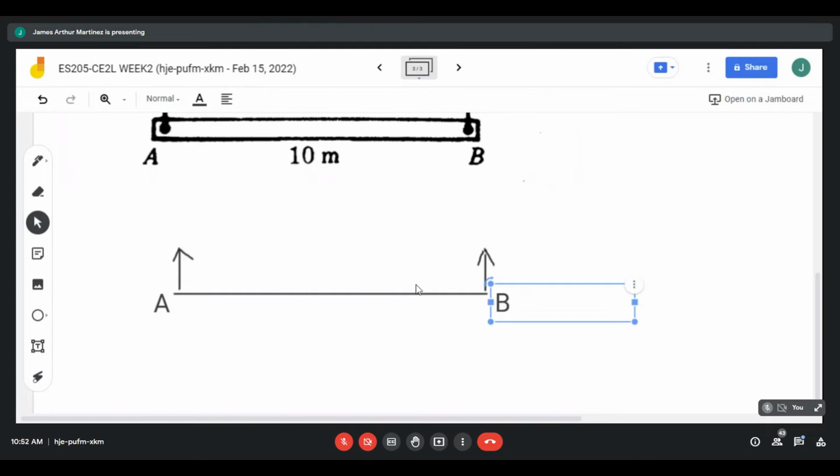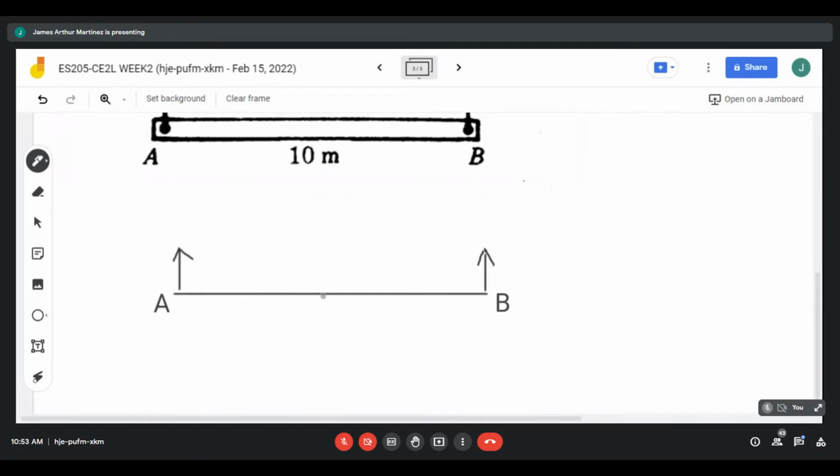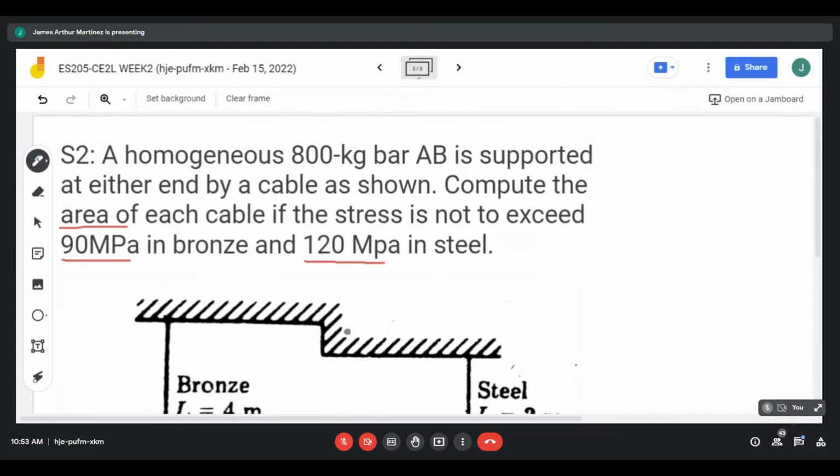So how do we find the reactions, or the internal reactions, at supports? So actually mura lang ni siya og simply supported beam class, kay supported man siya at both ends. And nag-mention siya ang problem that the mass of your bar is 800 kilogram. So since it is homogeneous, it is just acting on the centroid of your bar.